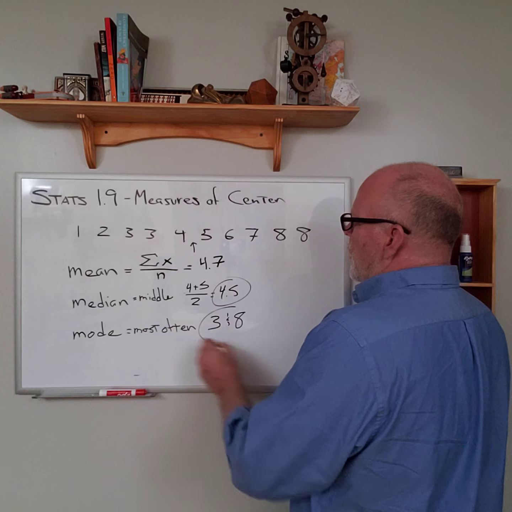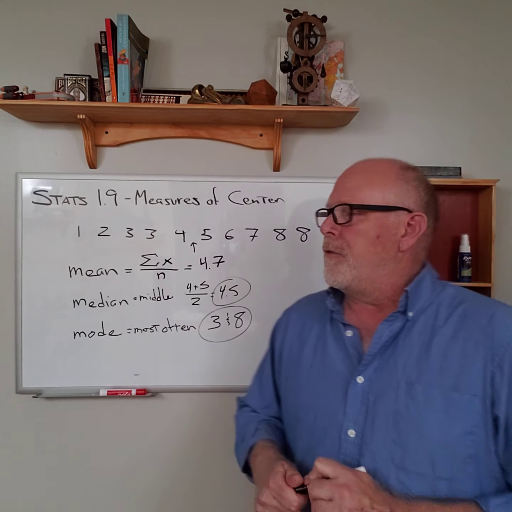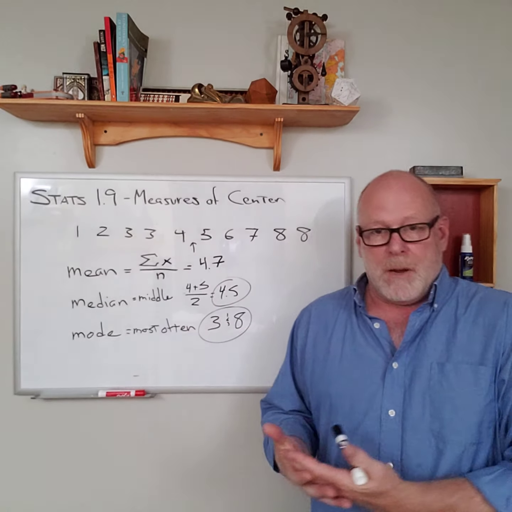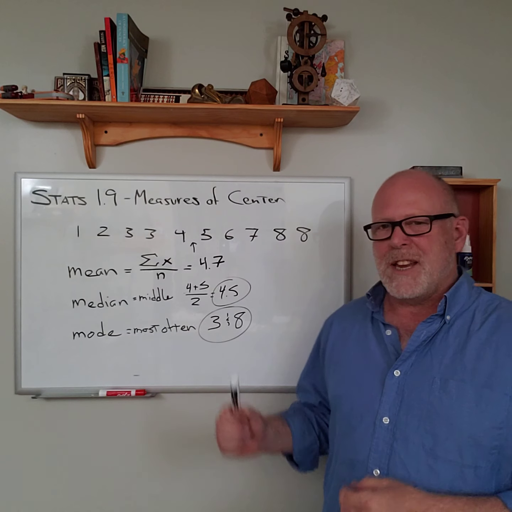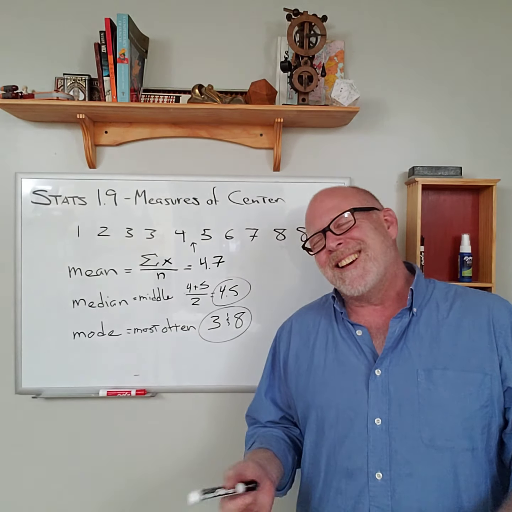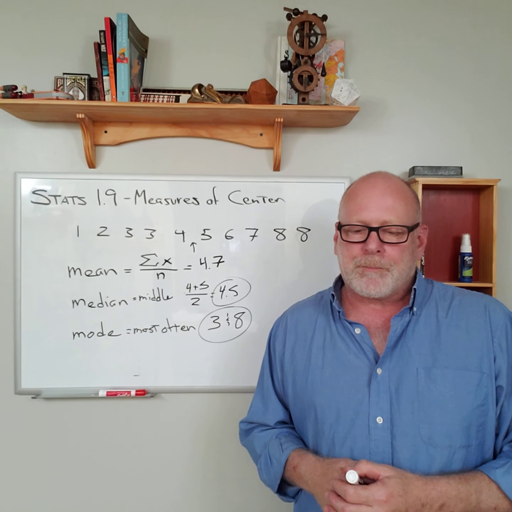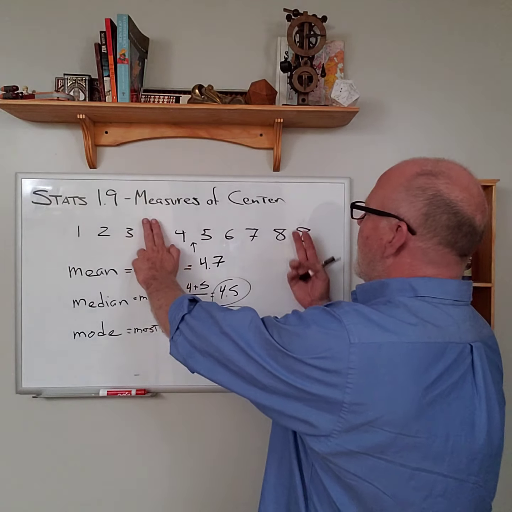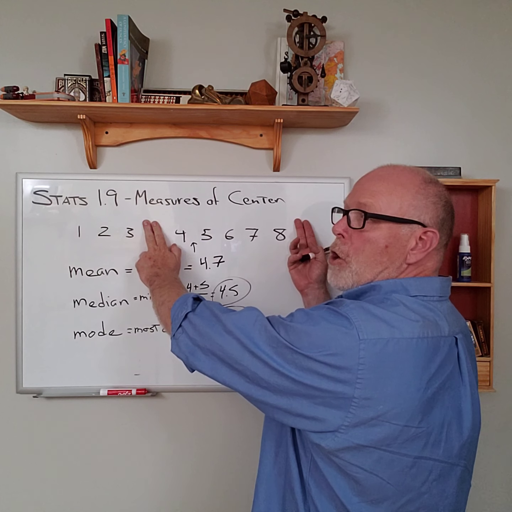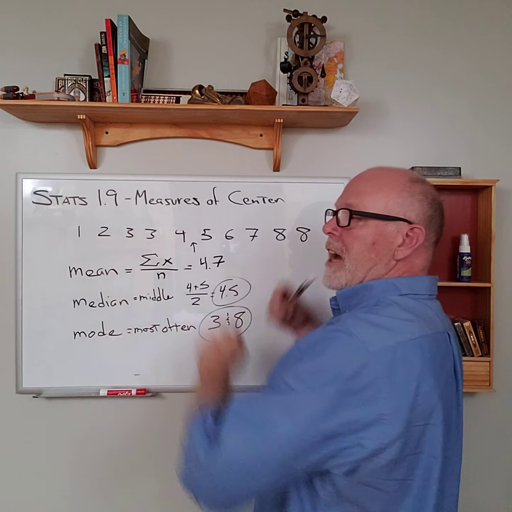We would say both 3 and 8 are the modes. If you have data points, numbers that are tied for first, then yes, we have multiple modes. We would call this a bimodal distribution because it has 2 modes. If there's nothing that shows up most often, like if I got rid of a 3 and an 8, then we would say there's no mode there. We would not say all of them are tied for first.